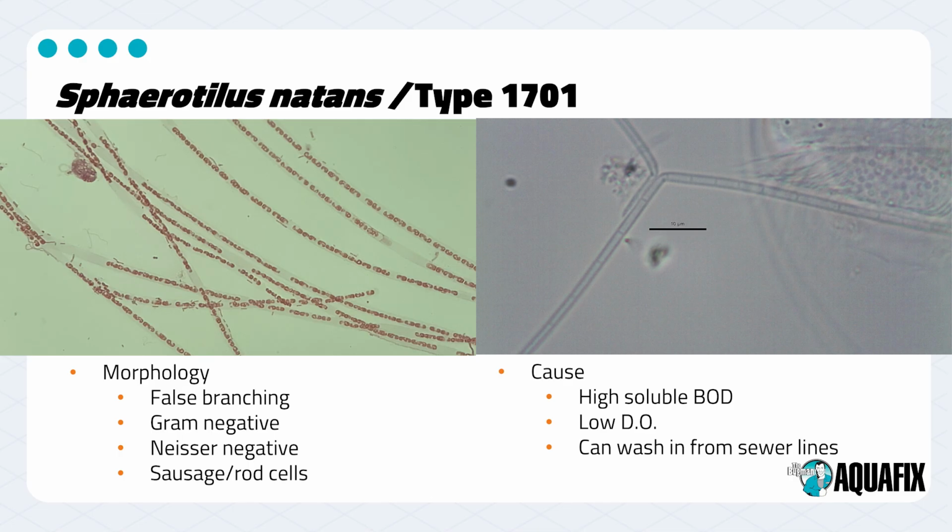S. natans / type 1701 is a filament that has that false branching morphology that we mentioned before.